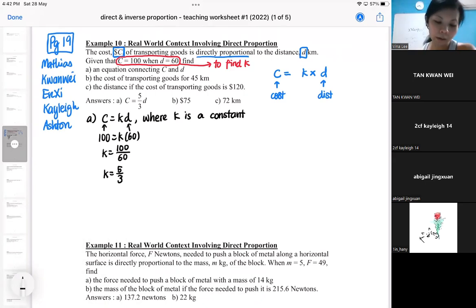So in the real world context, it's exactly the same steps, but some of you might get confused because of the lengthy format. So again, remember to write it.